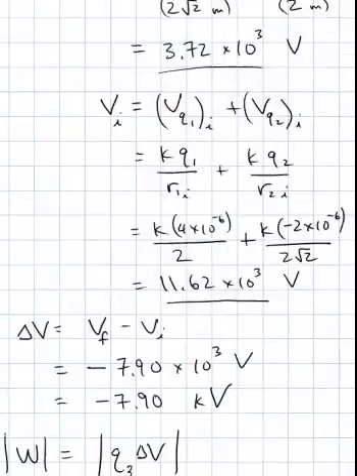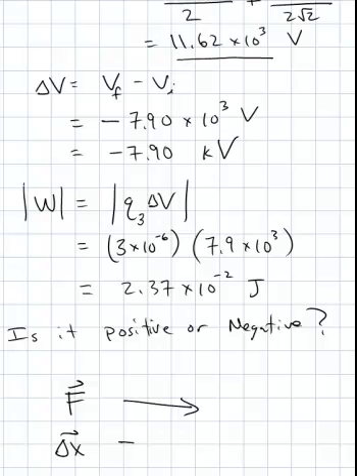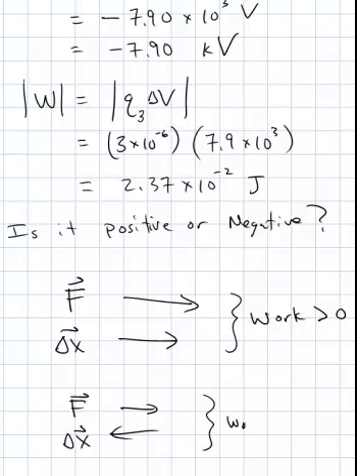Because we know that when the force and the displacement are in the same direction, the work is positive. And when they point in opposite directions, the work is negative.